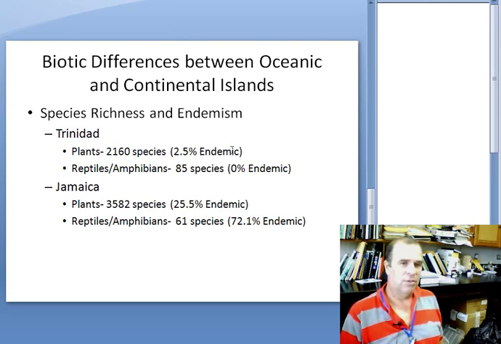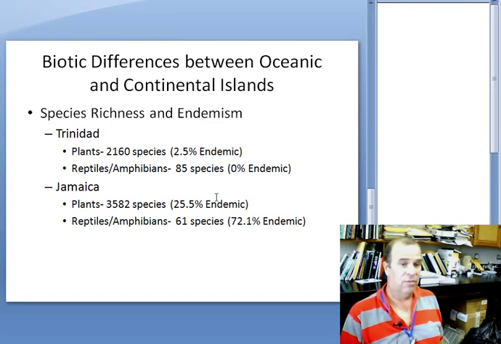The big difference between Trinidad and Jamaica is that Trinidad only has 2.5% of its plant species endemic. Jamaica has over 25% of its plant species endemic. So over 25% of Jamaica's flora is found in Jamaica and nowhere else. Only 2.5% of the plants in Trinidad are found in Trinidad and nowhere else.